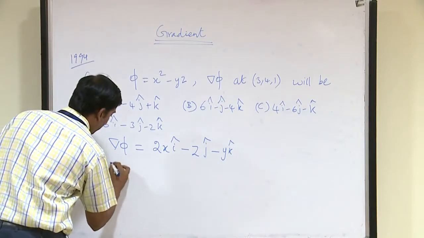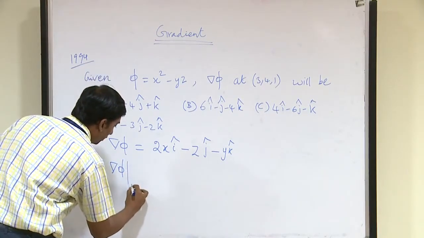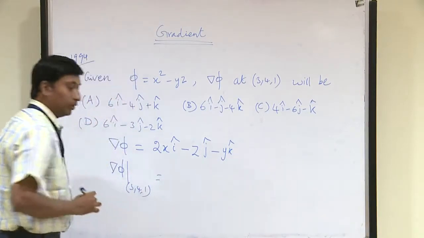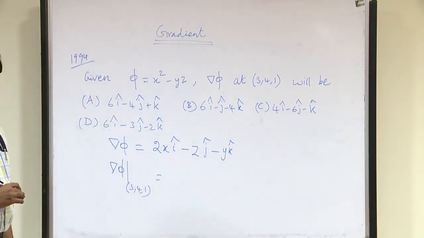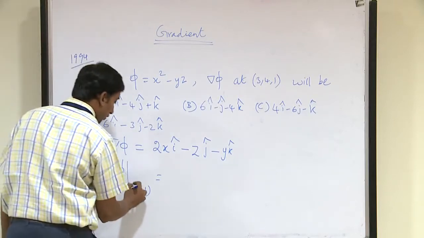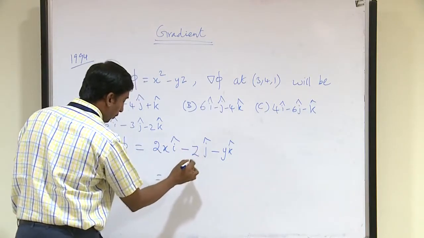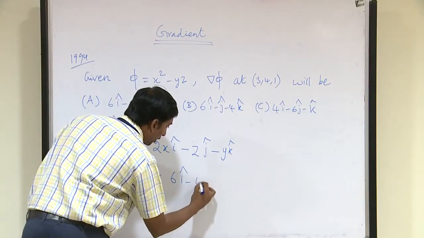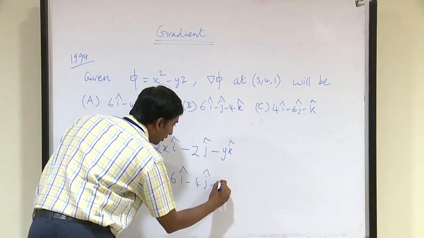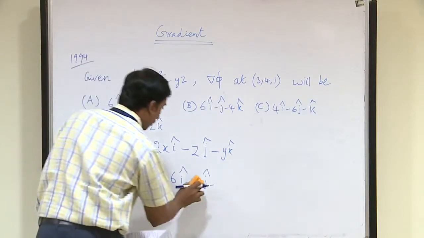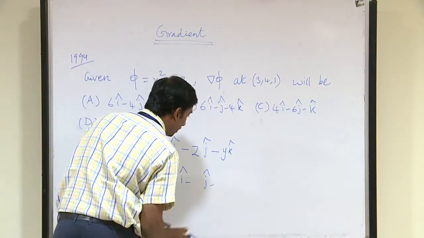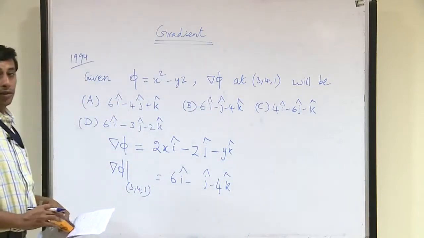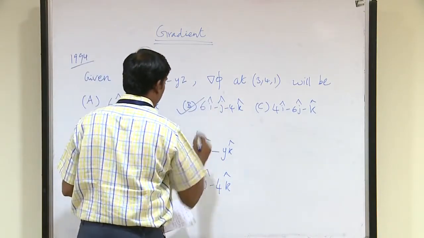So we need to find del phi at the point (3, 4, 1). So x is 3, y is 4, z is 1. So this is 6i cap minus 4j minus, is it minus 4j? No, j minus 4k. So what is the answer? B is the answer.